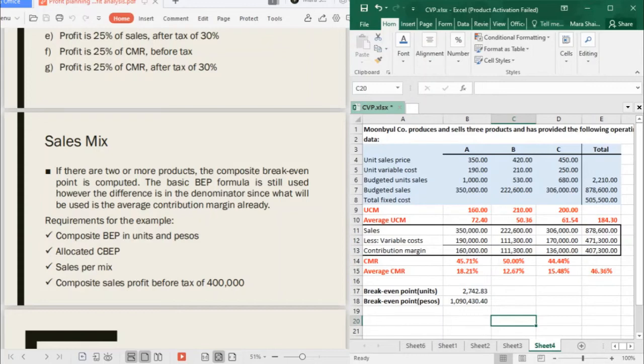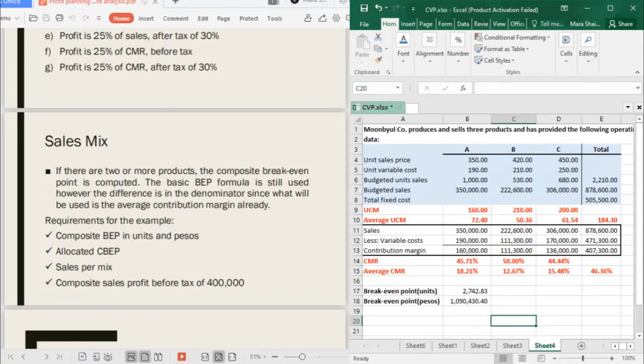Let's start with kanisa given kaning example. Monmule produces and sells 3 products and has provided the following operational or operating data. So, products A, B, and C. Ang given kay kaning mga nasa blue ha. So, given ang sales price, variable cost, budgeted unit sales, budgeted sales, and the total fixed cost.